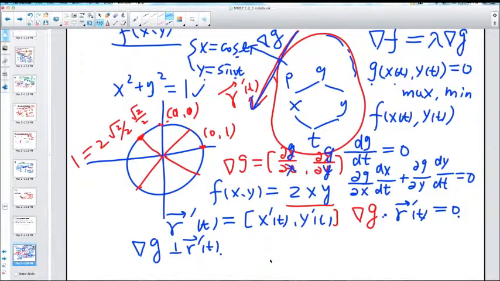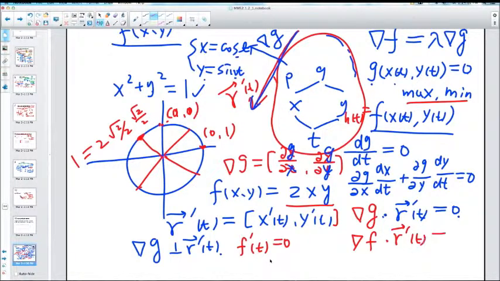Well, you do the same thing to f. For the maximum or minimum, you need the derivative to equal 0. This now is a one variable function, so f prime of t needs to be 0. By the same chain rule, you get the gradient of f dotted with the same derivative needing to be 0.